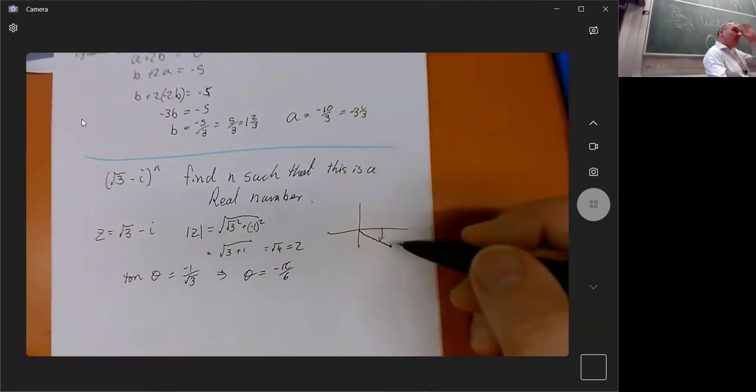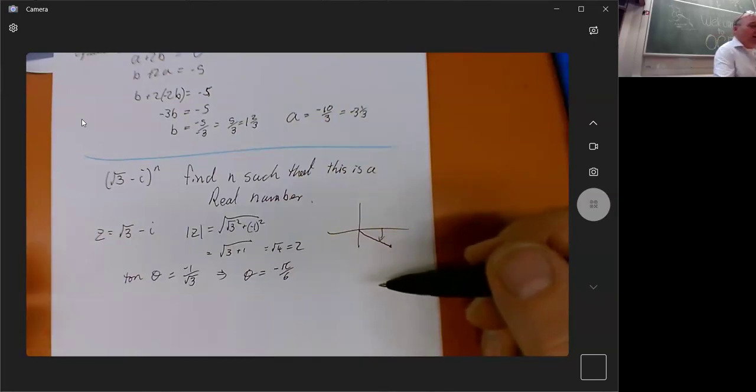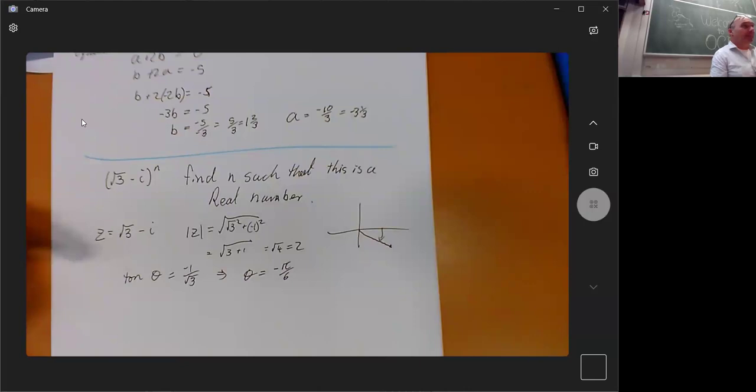Every time I'm converting a number to polar form, I do my little diagram to make it easier for me to see what I'm doing, and then things just fall out, right? Great, love the plan.